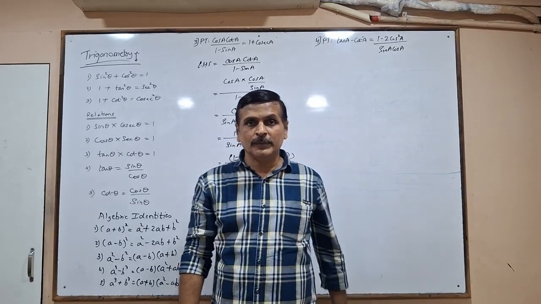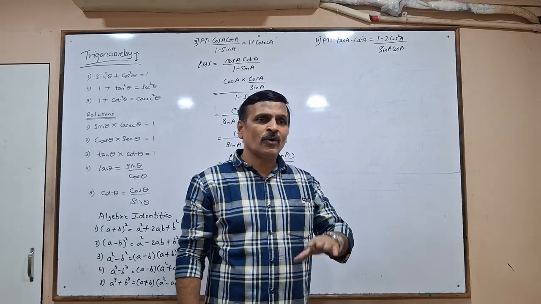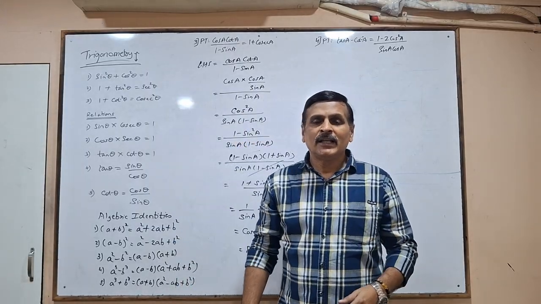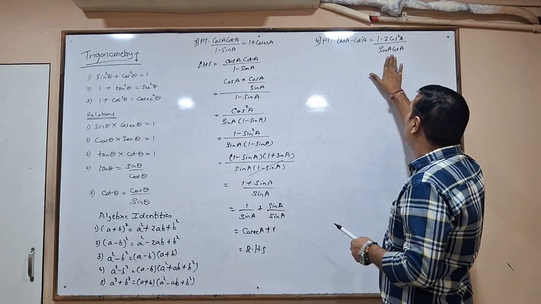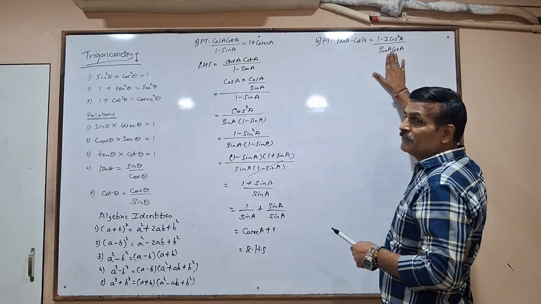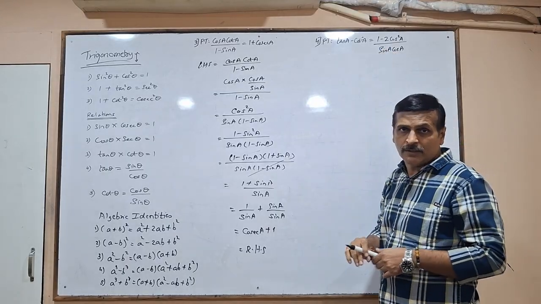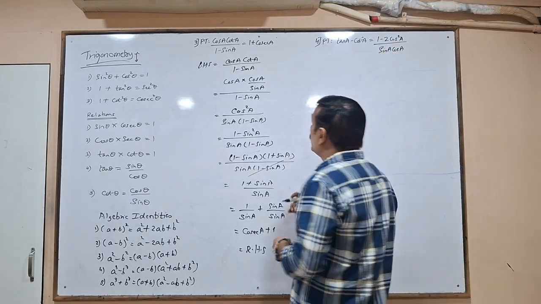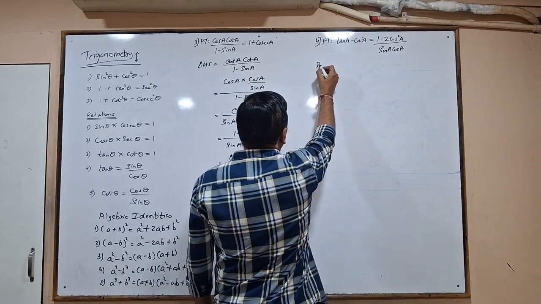LHS doesn't have a denominator, and it's very easy, and always preferred, that if there is a denominator on one side and none on the other, I should select the term with the denominator and try to eliminate it. You will get the answer quickly and in an easier way.